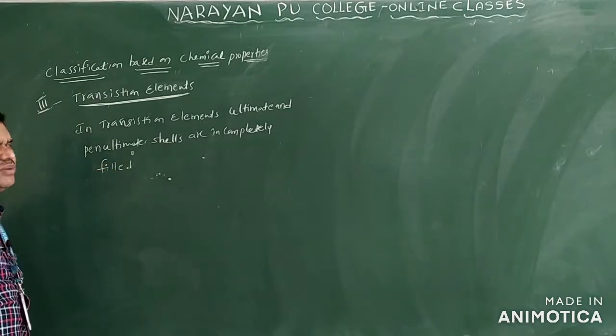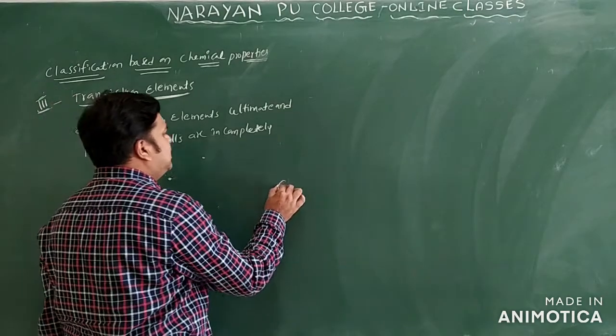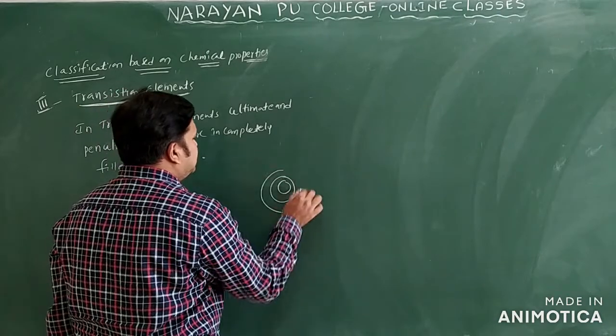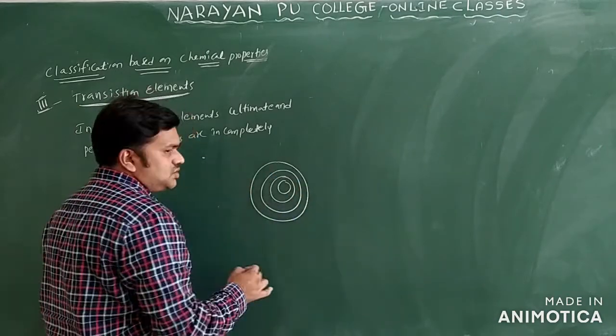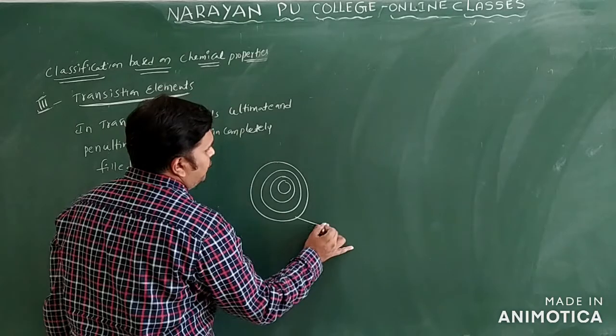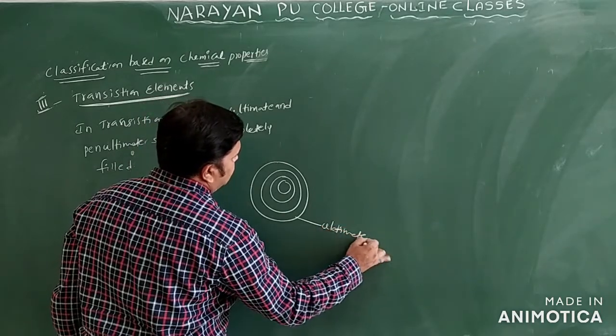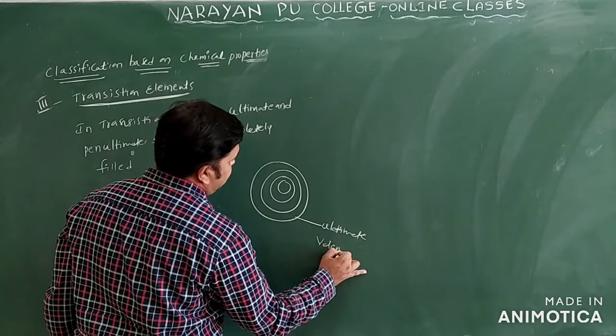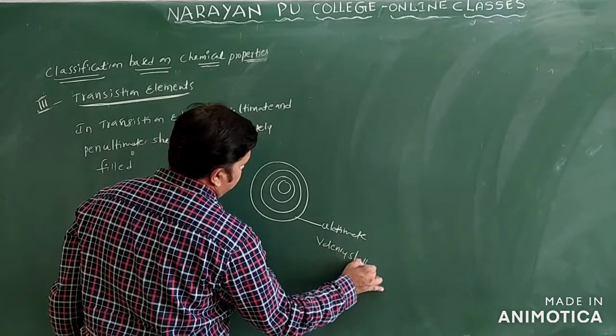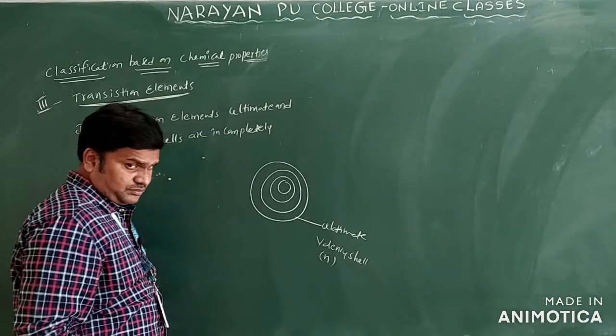Generally, what are the ultimate shell and penultimate shell? Just see, this is an orbit only. We have different orbits. This is the last shell, we call it the ultimate shell, or valence shell. It is denoted by n only.